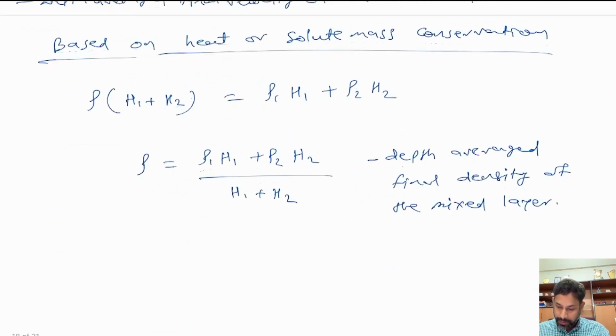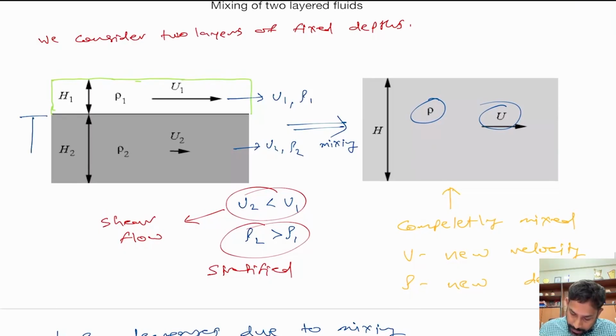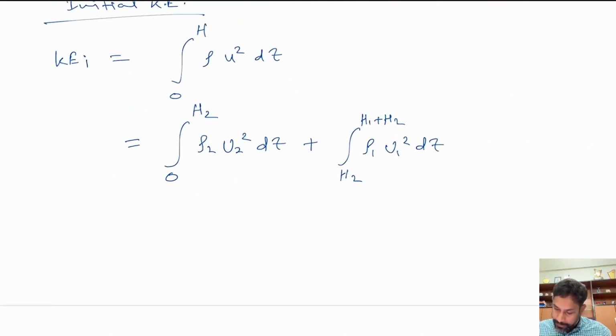Okay, remember that this value is h2 and this value is h1. So h2 is filled with rho 2 and has velocity u2, whereas h1, the upper layer, is filled with density rho 1 and has velocity u1. And that is why our equation looks like this.